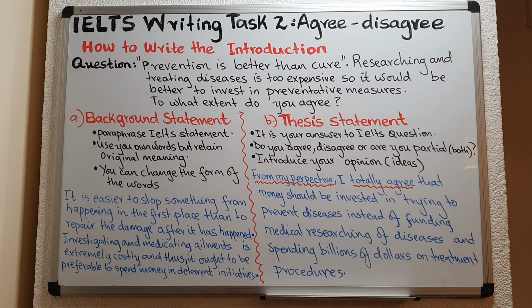Because according to this statement, that is too expensive. So once you have understood the meaning of the statement, and as I said, the meaning is that it is better to prevent diseases than to research them and treat them.